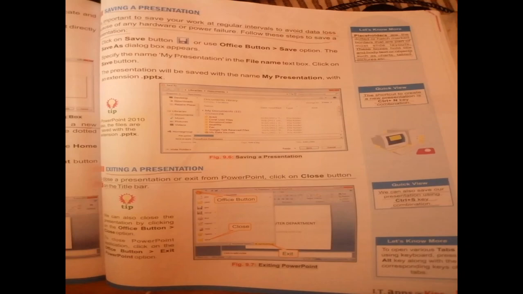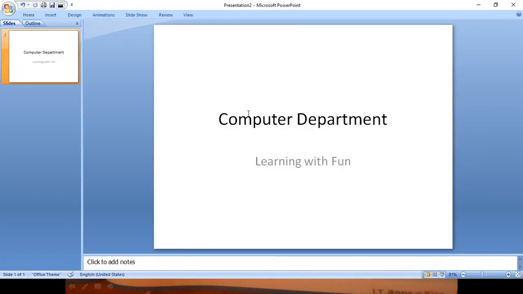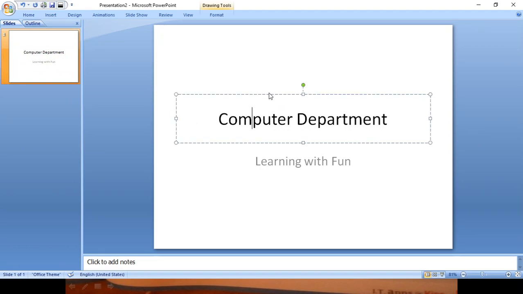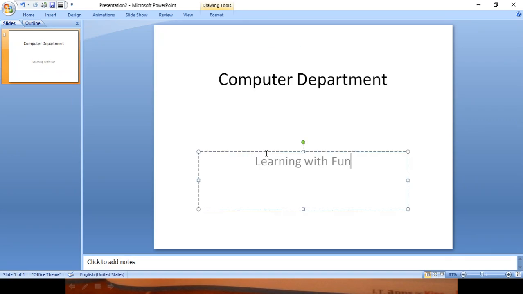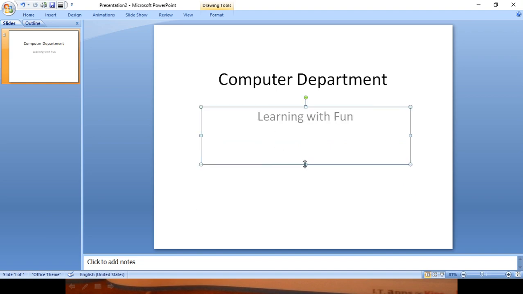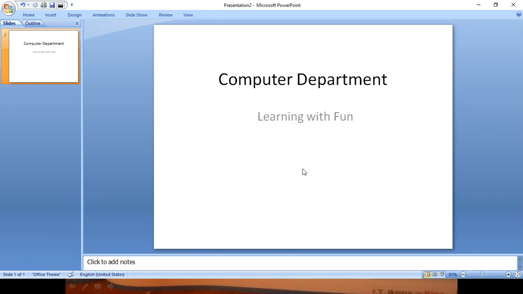Yes. So now we will save, and again we will see the placeholder. So let us do it. Okay. This dotted box is nothing but a placeholder, right? Now they have asked us to save.